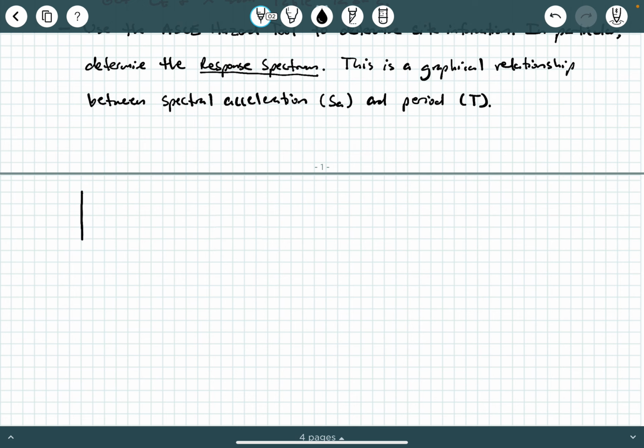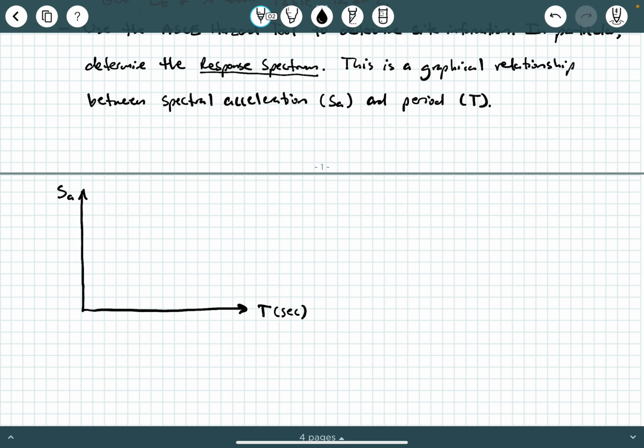So I'm going to go ahead and sketch a graph of generically what that would look like, okay? So for the multi-period response spectrum, you're going to have spectral acceleration on the vertical axis and the period in seconds on the horizontal axis.